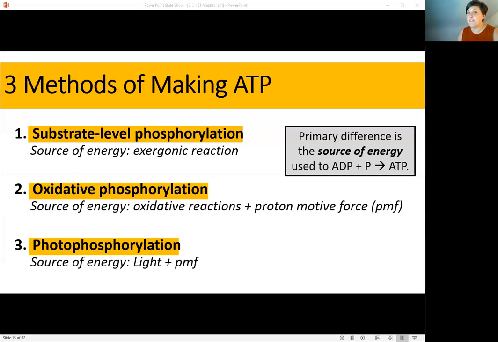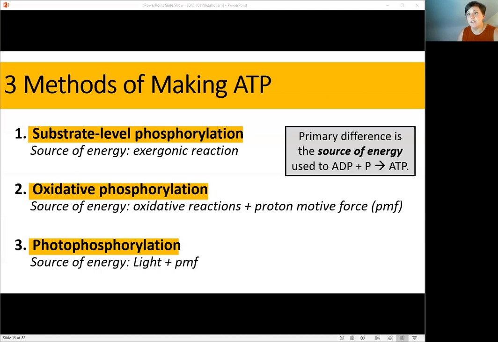Again, these three methods of making ATP are distinguished by where the energy that is used to create the bond between ADP and the phosphate group comes from. Either an exergonic reaction, as with substrate level phosphorylation, or a concentration gradient, as with oxidative or photophosphorylation.